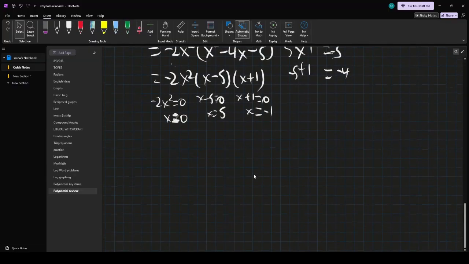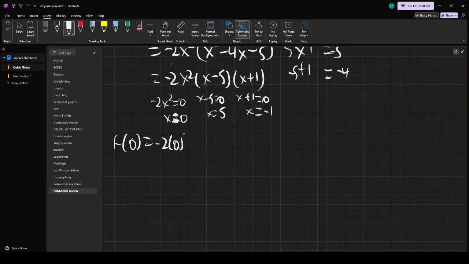And then determine our y-intercept. So -2 times 0 times 4, and that whole thing multiplies to 0.